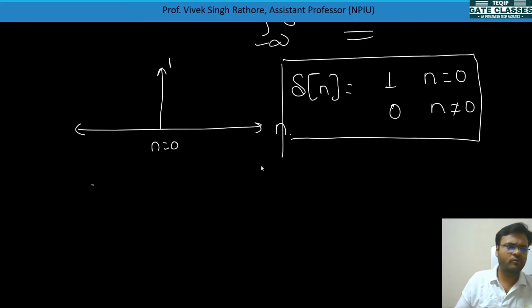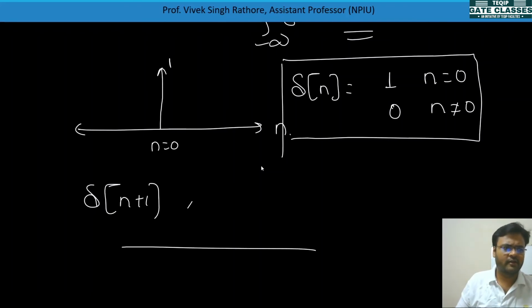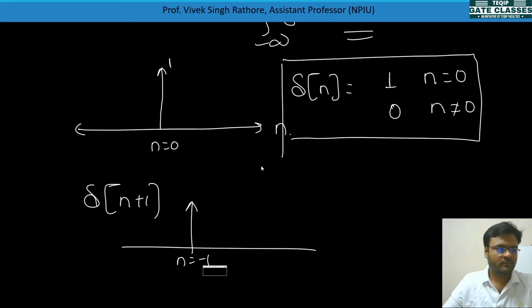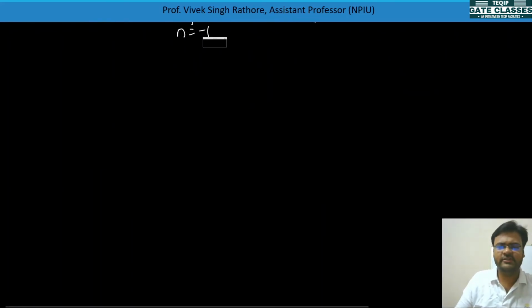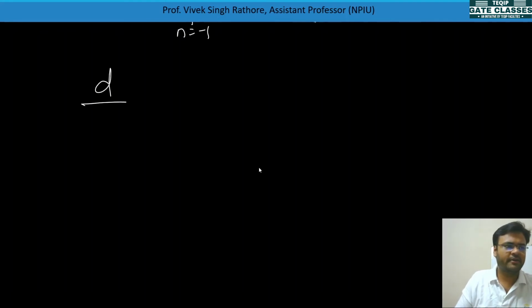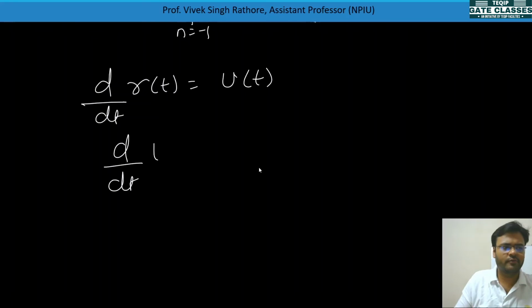And if you want delta n plus 1, it will exist at n equal to -1. You can also see differentiation and integration properties in the discrete time domain. Earlier, d by dt of the ramp signal gave the unit step signal, and d by dt of the unit step signal gave the impulse signal.